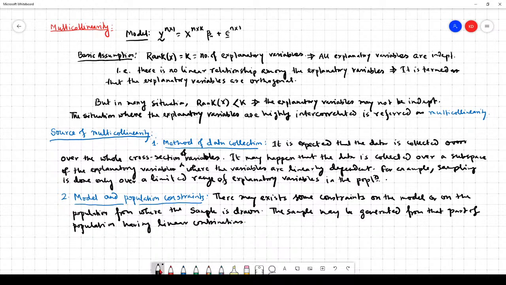Another reason is existence of identities or definitional relationships.